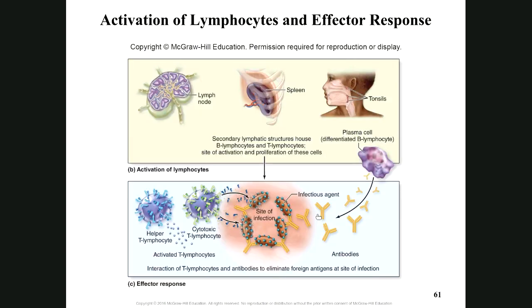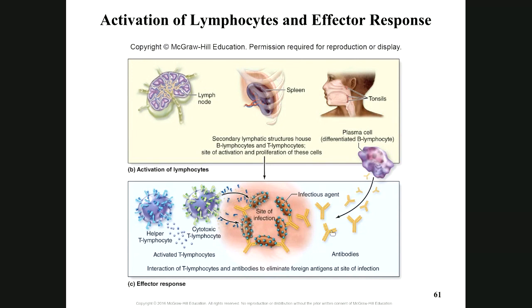The secondary lymphatic structures can house B lymphocytes and T lymphocytes, both T helper and T cytotoxic. These are the sites where these lymphocytes become activated and proliferate. Here you can see the B cells which change to plasma cells, and the plasma cells can release antibody.